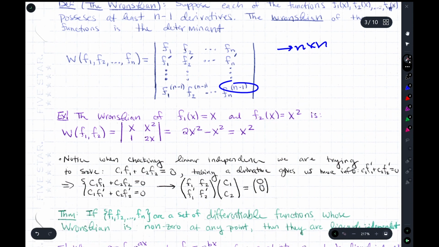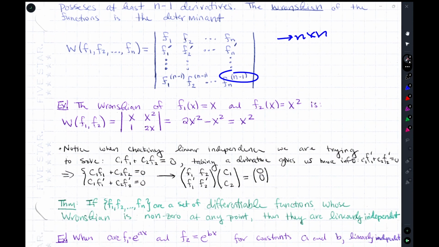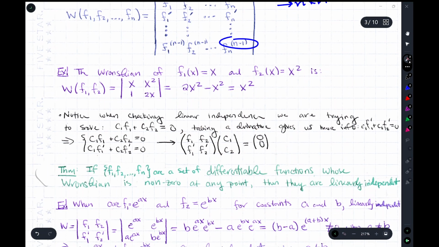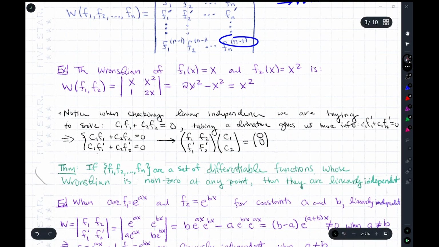That turns out to be a very important route to take, because we have this theorem down here. This theorem tells us that if this set of functions is a set of differentiable functions whose Wronskian is non-zero at any point, then they are linearly independent.